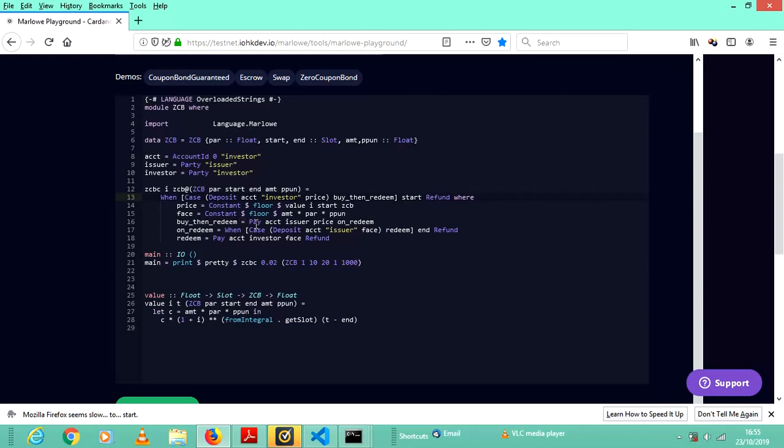So here's buy then redeem. Buy then redeem will pay into the issuer from the account the price, and then it will call on redeem. On redeem, when the issuer has deposited the face value, we then redeem it, which of course is just paying from the account into the investor, the face value.